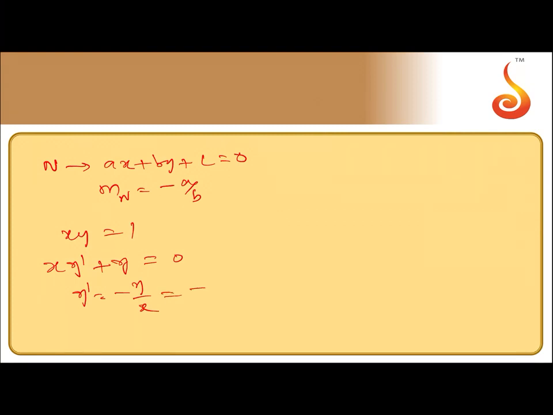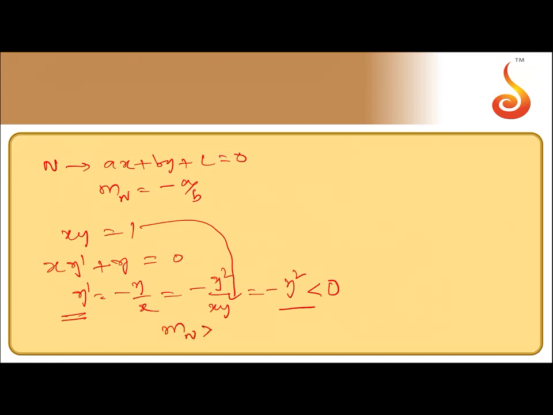And I will multiply x in the numerator and denominator so that xy. But as you know that when xy is equal to 1, when you substitute, you'll be getting minus y square, which is obviously negative. It means the slope of the tangent is negative, and therefore the slope of normal will be positive.